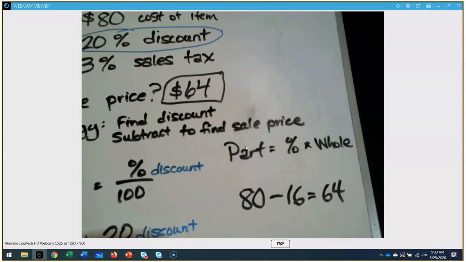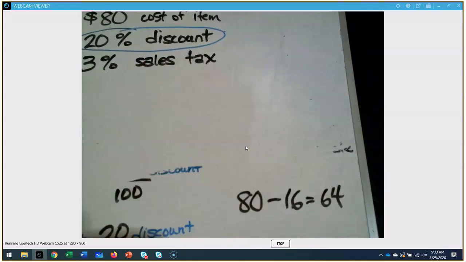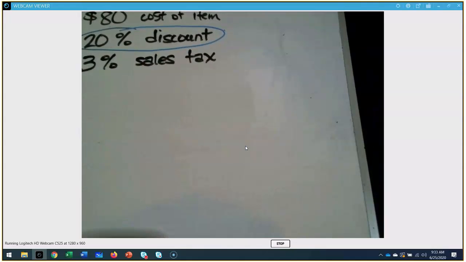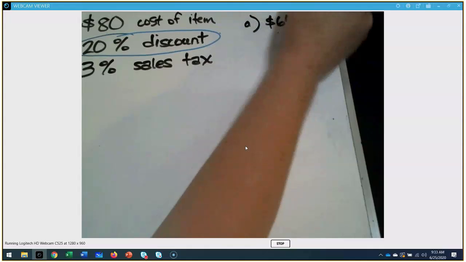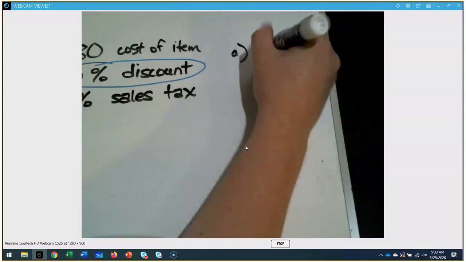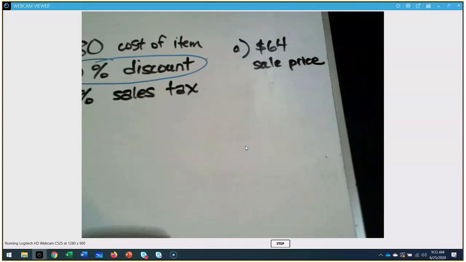So let me get rid of this stuff here, and let's look at part B. All right, so for part A, we got $64 was our sale price. Just keep that because we're going to need it.